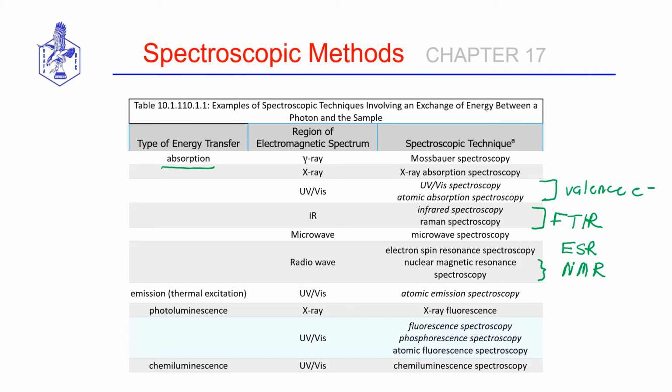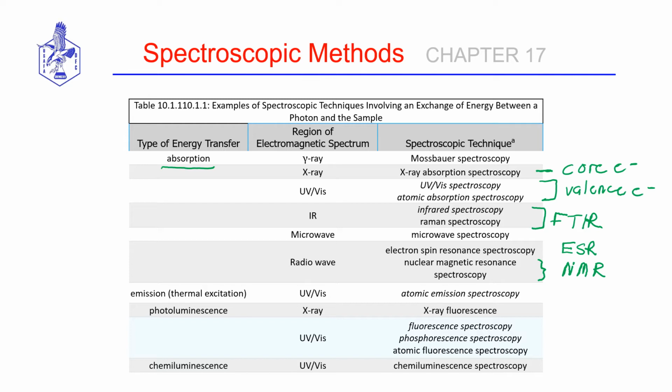That's perturbing, instead of valence electron energies, now we're down perturbing core electron energies in those filled subshells. And gamma rays, that technique is Mossbauer spectroscopy. There are other methods.